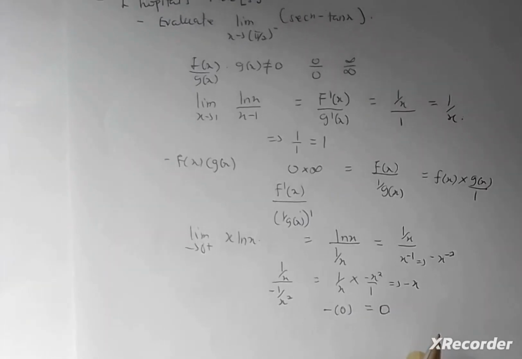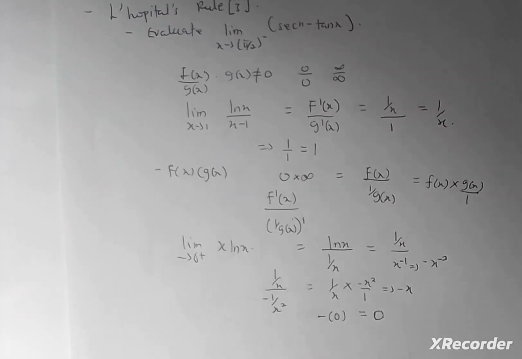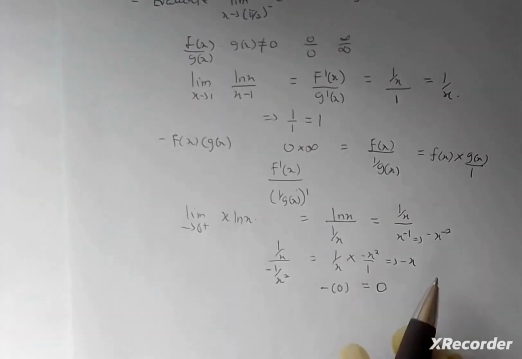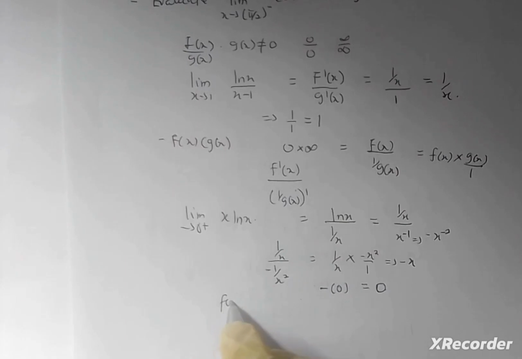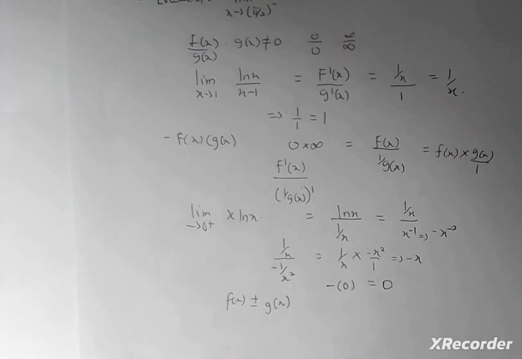Let's take L'Hopital's rule 3, which deals with summation and also subtraction. So if you have f of x plus or minus g of x, and the resulting solution after applying the limit at a certain point gives an indeterminate form, then we can apply L'Hopital's rule 3, which says you have to simplify.